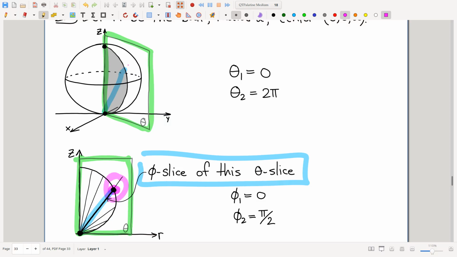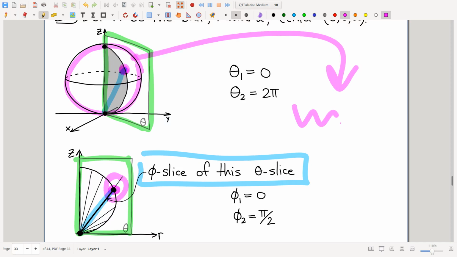This point is actually a point on the sphere. And so, how are we going to write down an equation for this? Well, x squared plus y squared plus (z minus a) squared equals our radius squared. So you write down that rectangular equation.